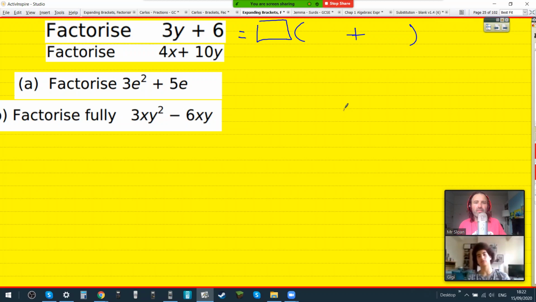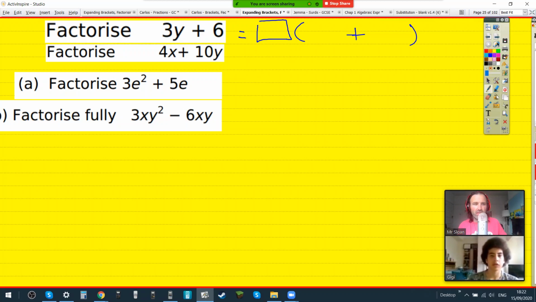How would you do that? What do they have in common? They both have something in the 3 times table. So 3 goes on the outside, and then you divide them both by 3. Alright, y and 2. Yep. And so that is 3 times y plus 2.